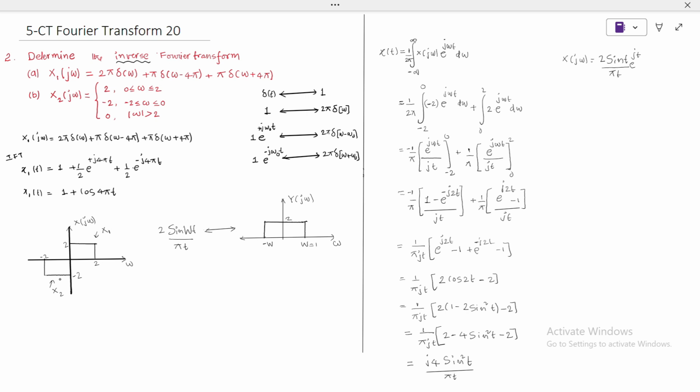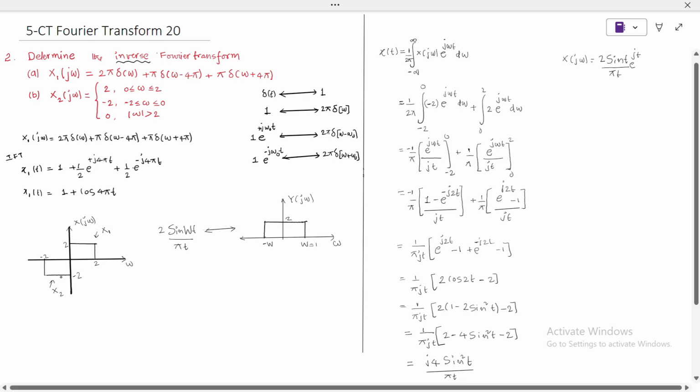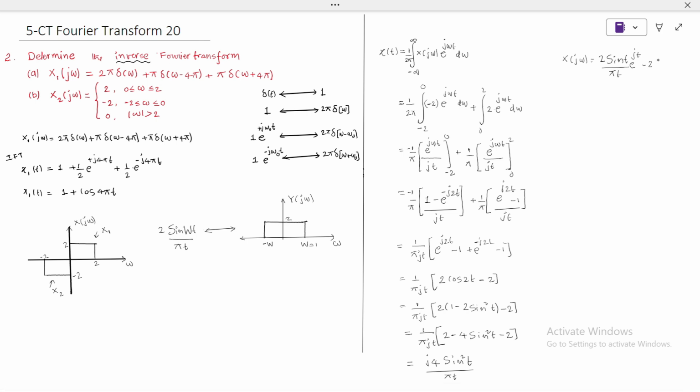Next, x2. It has the minus 2 magnitude, so minus 2 sin t by pi t. This is left side shifted by 1 unit, so e power minus j t.